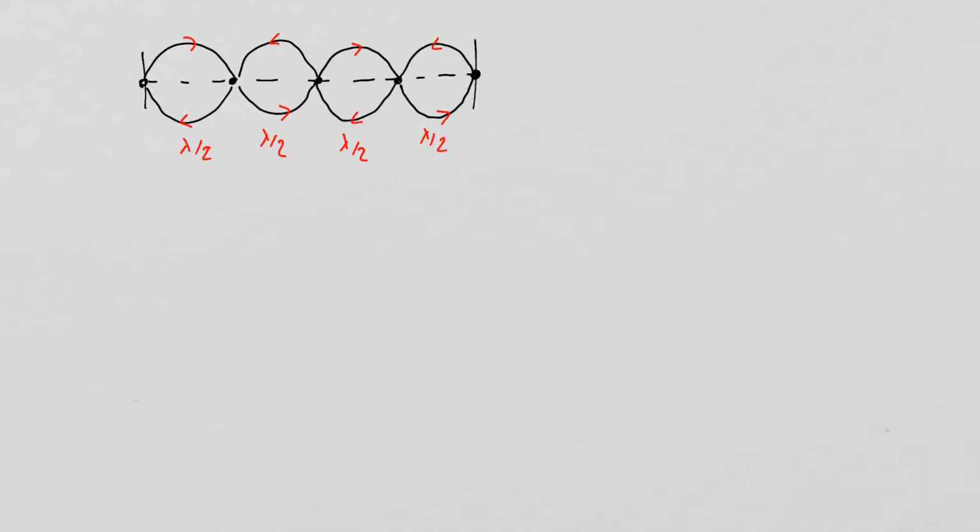The total length of the string is L, so I have 4 times lambda over 2 fitting the length of the string L. So lambda is equal to L divided by 2. I know the length of the string, which is 0.8 meters, so lambda is equal to 0.8 meters divided by 2, that is equal to 0.4 meters.